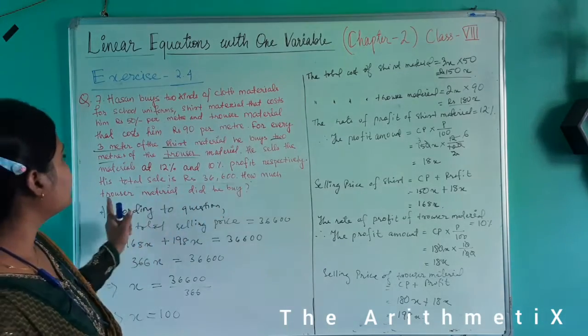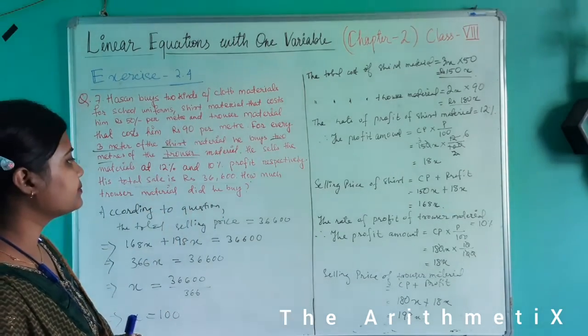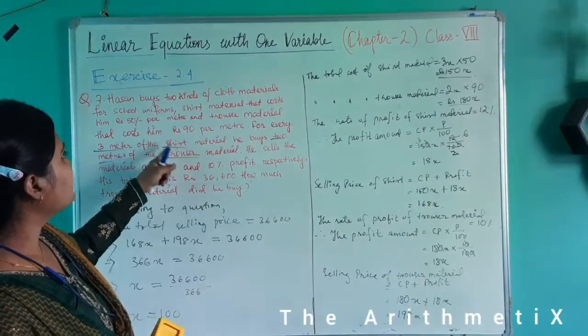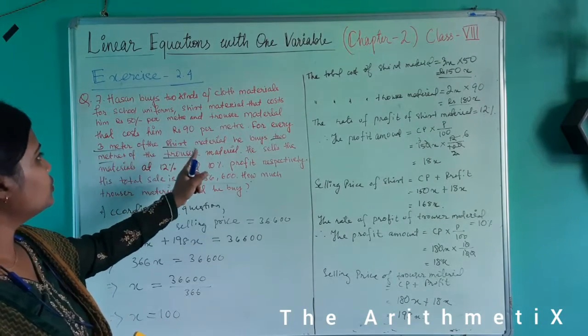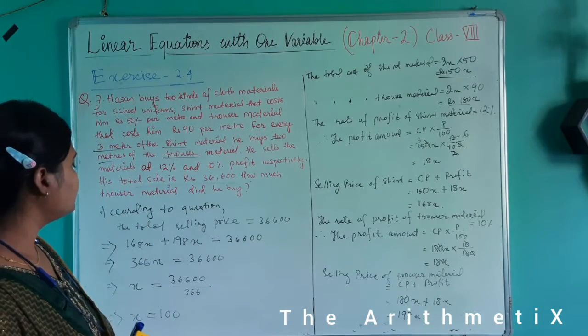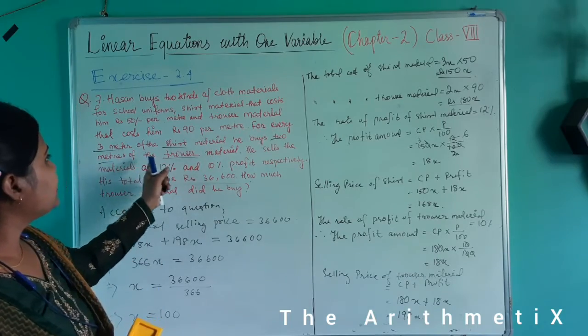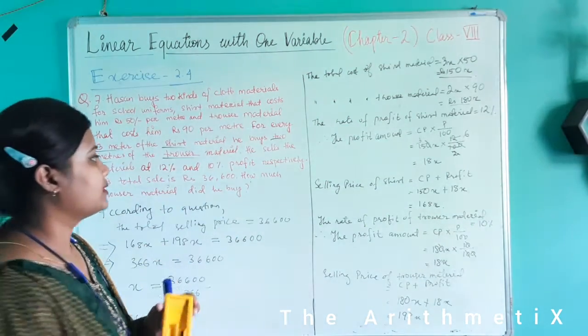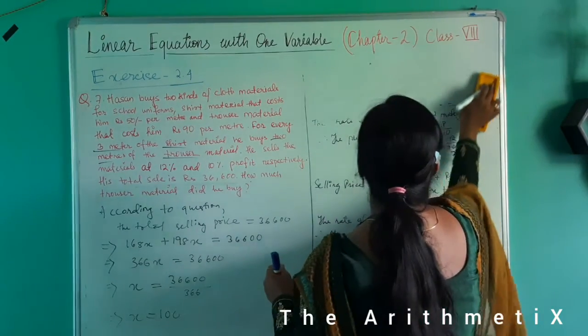We are asked how much trouser material did he buy. If you remember, the ratio was 3:2 and he had bought 2x meter of trouser material. Now let me clear this part.